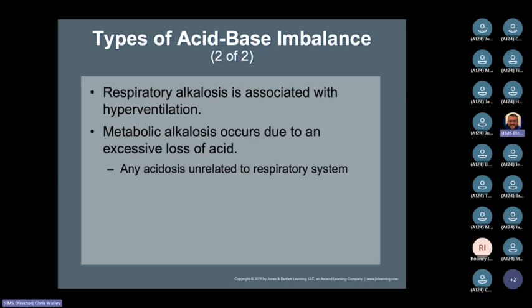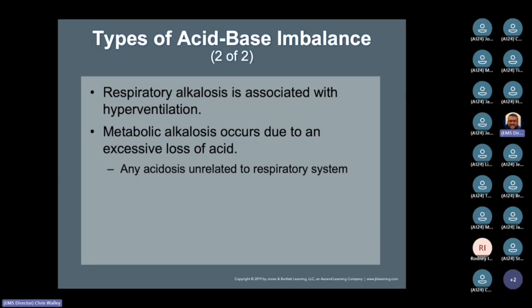Metabolic acidosis is any acidosis unrelated to the respiratory system that is considered metabolic. Some of the causes of metabolic acidosis include lactic acidosis, ketoacidosis, aspirin overdose, excessive alcohol ingestion or alcoholic ketoacidosis, gastrointestinal losses, carbon monoxide poisoning.